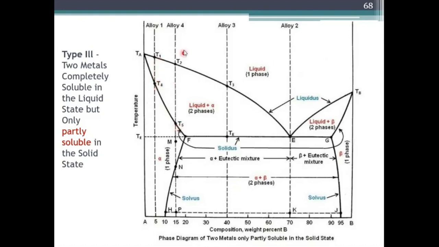But when you take this alloy 2 here, this alloy 2 will be meeting the line at the eutectic point E. At the eutectic point it will be meeting, but the weight percentage will be 70, and the remaining other element will be 30.